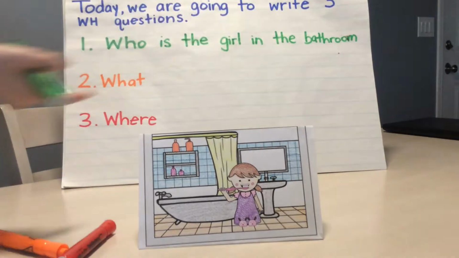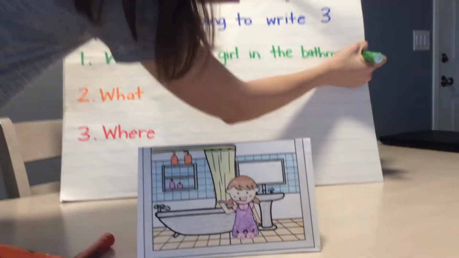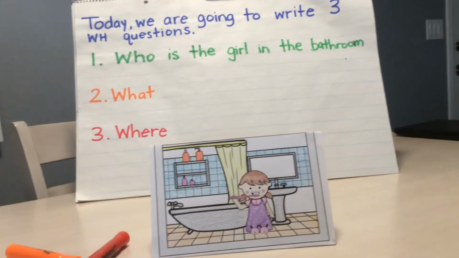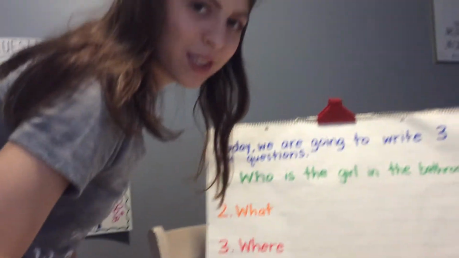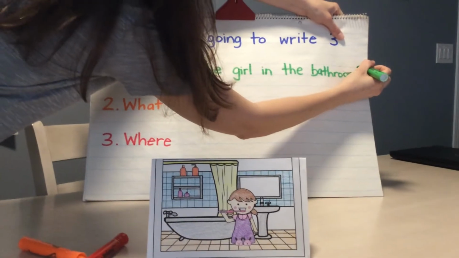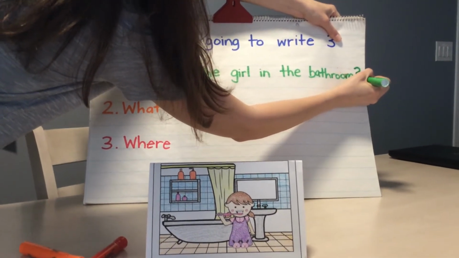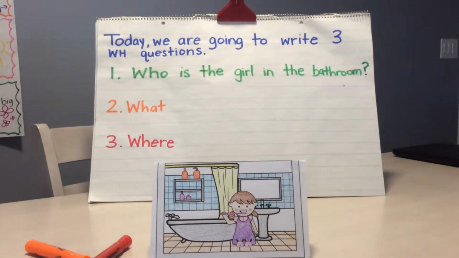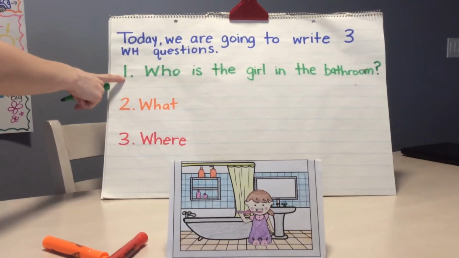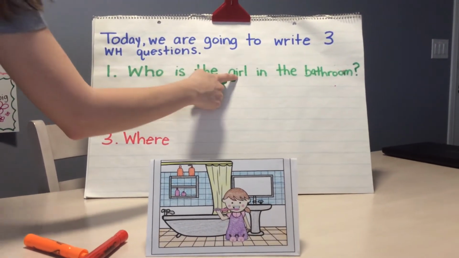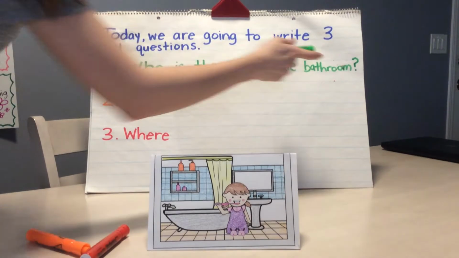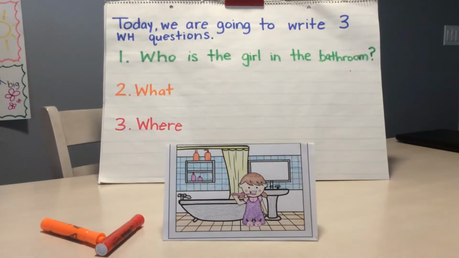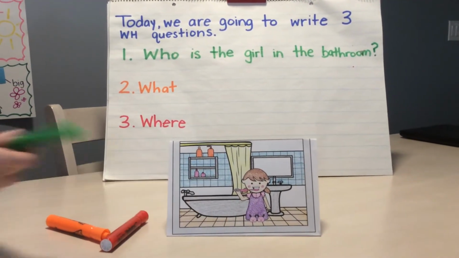I'm asking a question, so I cannot put a period at the end. Does anyone know what I'm supposed to write at the end of my question? It's a question mark. Curve it around, make a line, put your dot at the bottom, there you go. Let's read number 1. Who is the girl in the bathroom? That's our first question that we wrote based off of this picture.